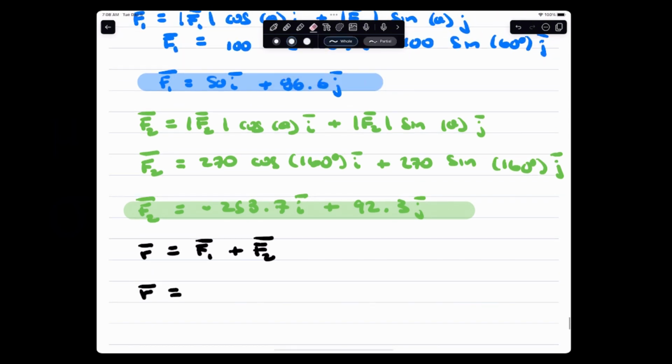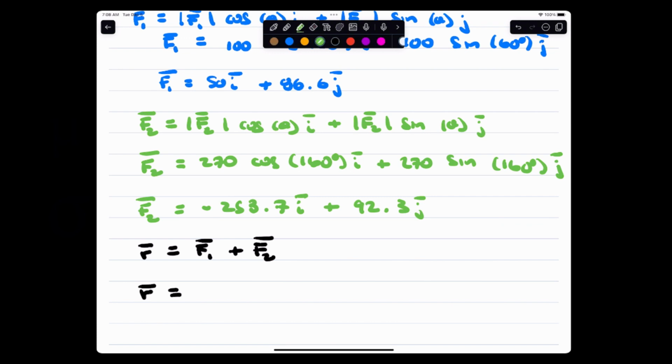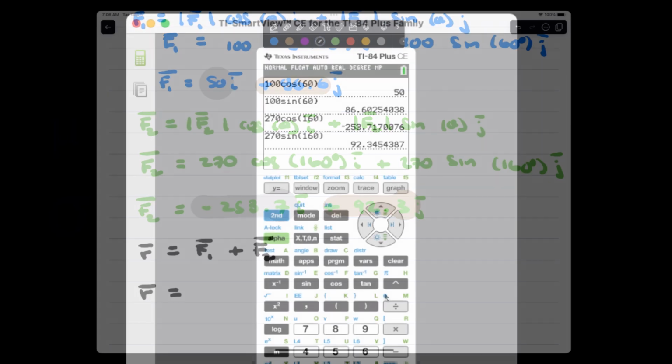So to do that, let me highlight a little differently. We're going to add the components. All right, here we go. Let's do the addition, right? 50 minus 253.7. So let's try that out.